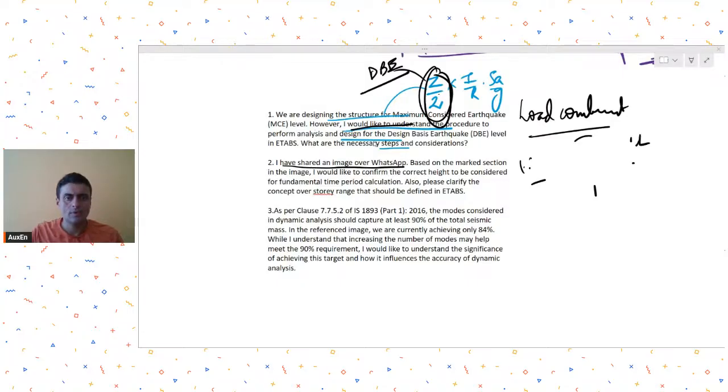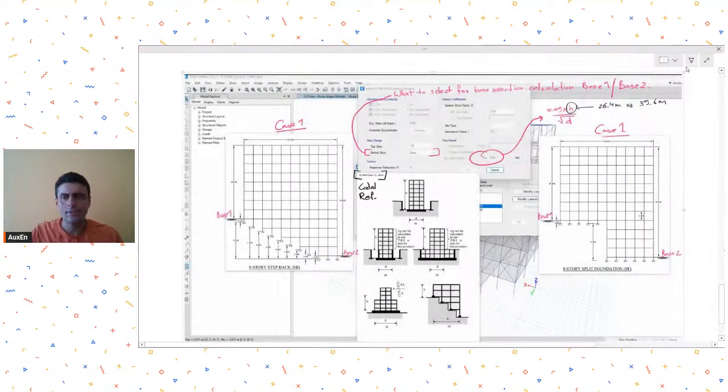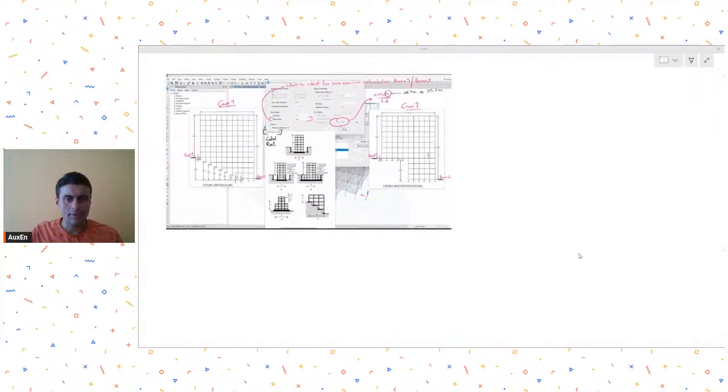Yeah, so this is his first image that he has shared, and another image he has shared.